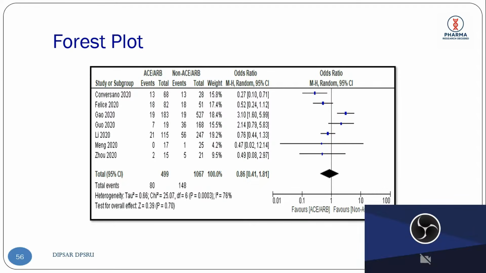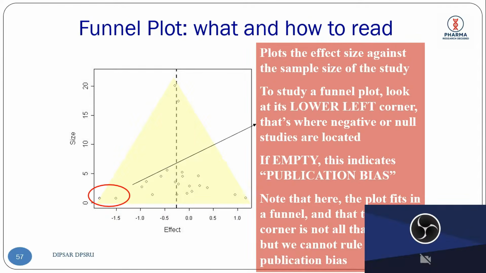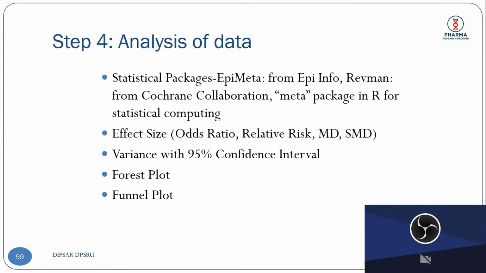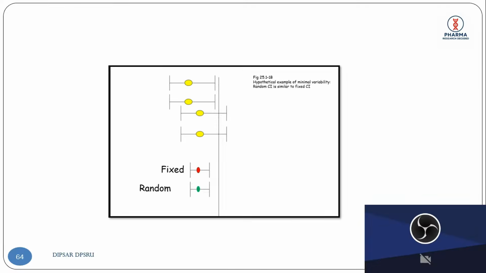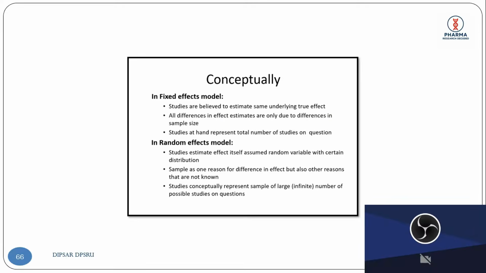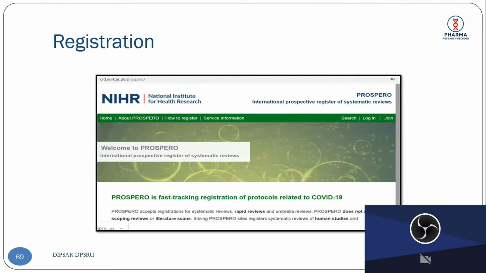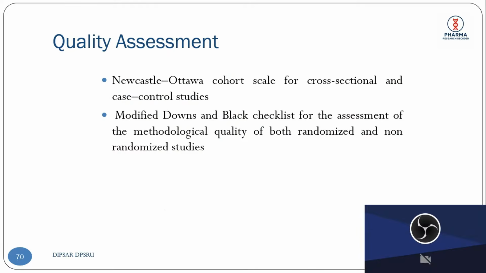And we talk about forest plots and funnel plots. All these we have discussed in detail, so I am skipping this part. What are the models, how to fix the effect model, which model is better, registration of your protocol, quality assessment, all these analyses.